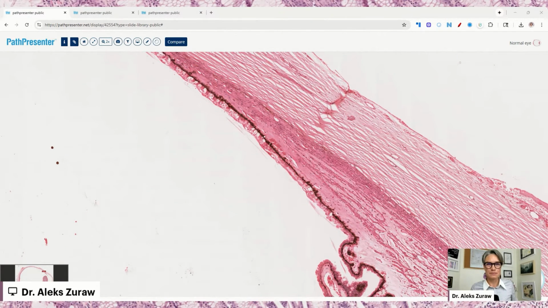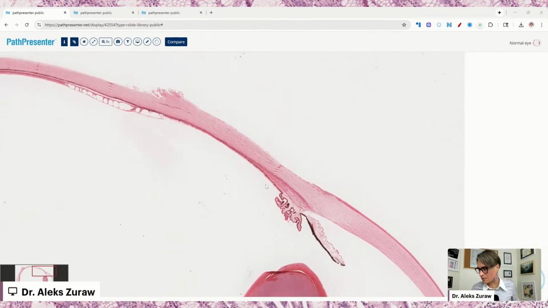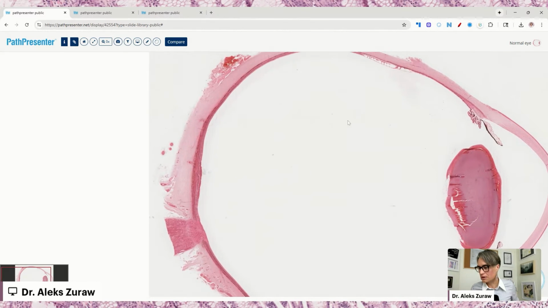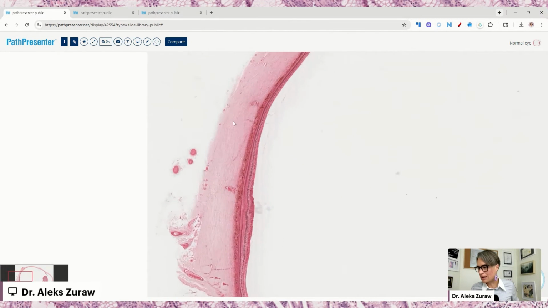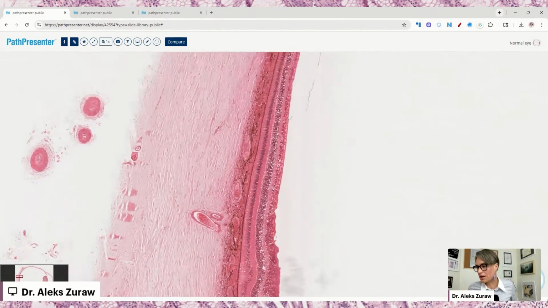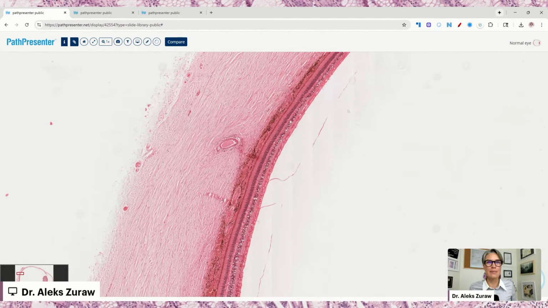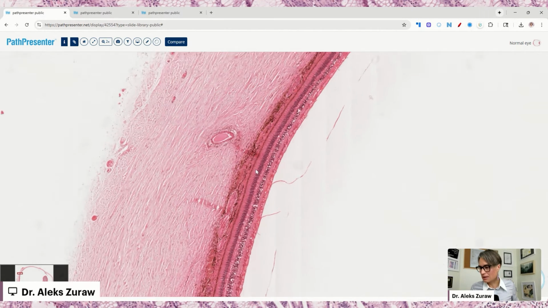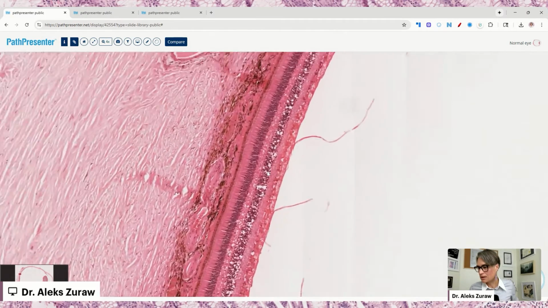Let's go to the back and look at the neural tunic. The neural tunic is on the back, gets light, and translates it into images in the brain. And the main part of this neural tunic is the retina. Here, this is the retina.